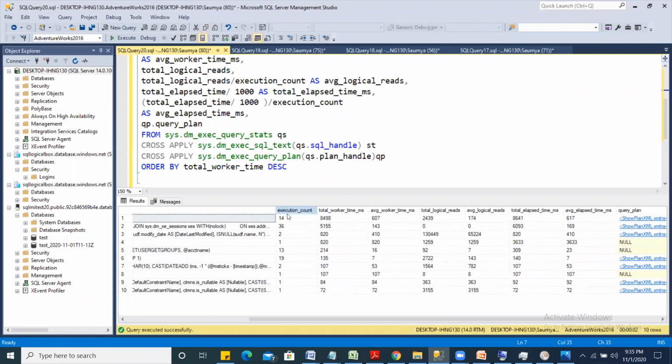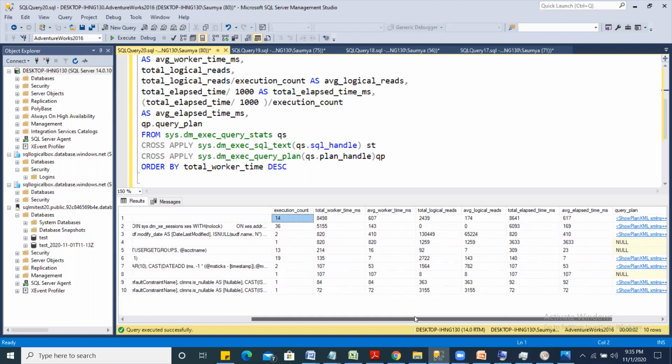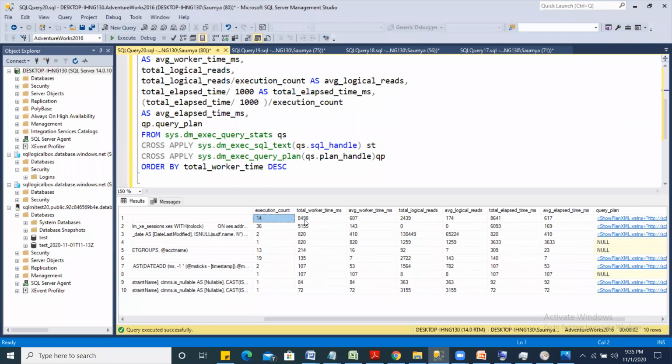So one thing you have to check first is the execution count, that is, how many times this query was executed. And after that, there is a lot of information here: total worker time in MS, then average worker time. So total worker time is 8,998 milliseconds.